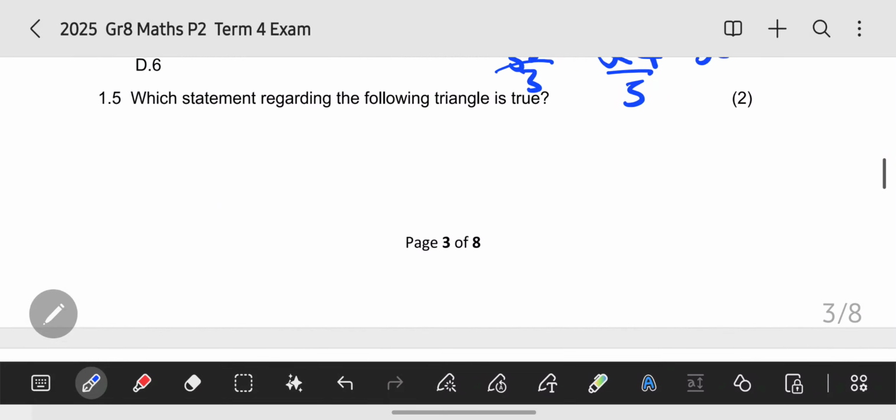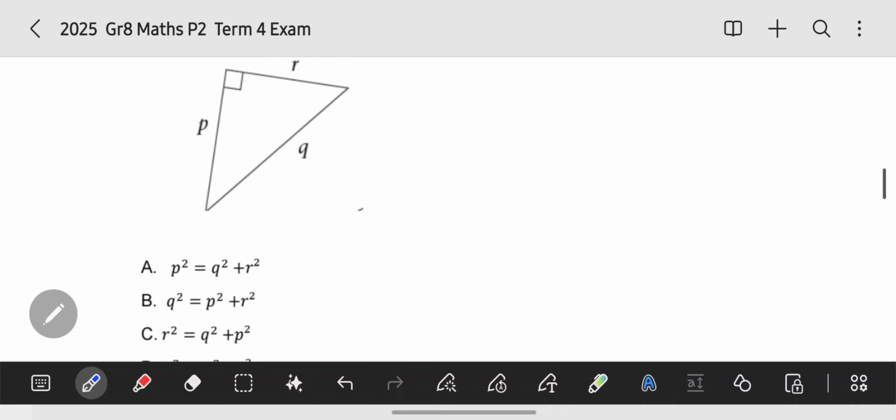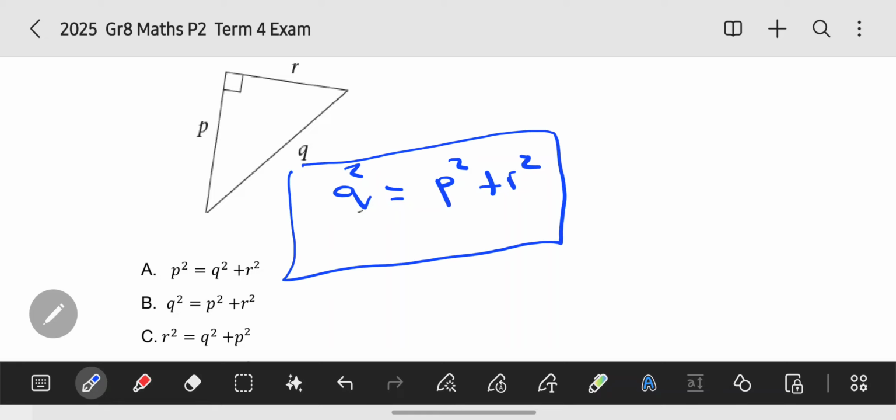Let's continue. They say, which statement regarding the following triangle is true? If we check the theorem of Pythagoras, Q squared equals P squared plus R squared. We are going to check each equation according to Pythagoras.